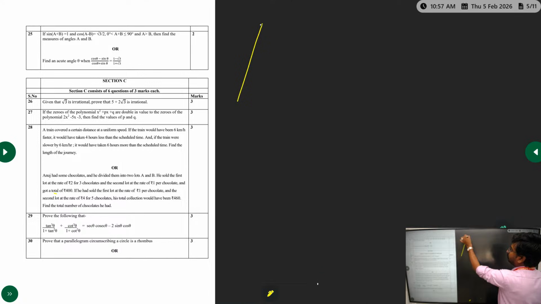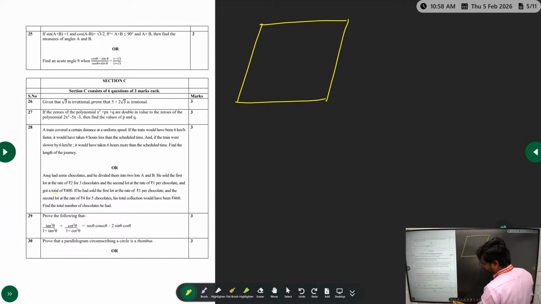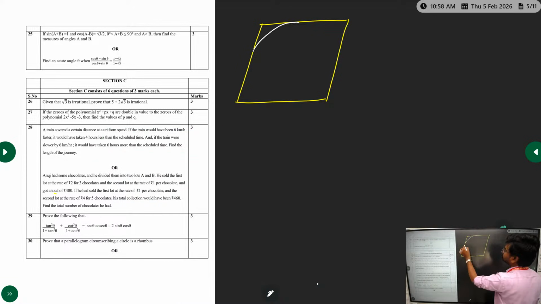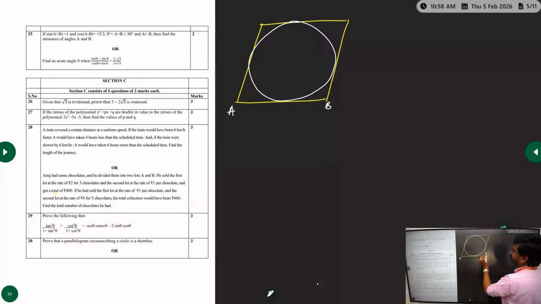Draw a parallelogram first, then a circle. If I take ABCD as a parallelogram, what is this PQRS?